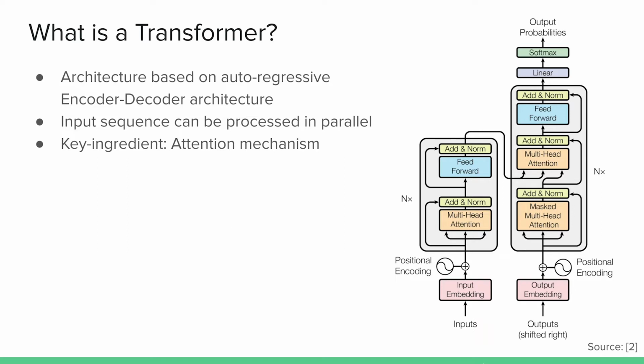On a high level, how this works is that we take our input, run it through an encoder, and produce a latent space representation in an abstract continuous space that holds all the learned information from our input. Then we use the decoder to produce our output sequence. And one key ingredient in transformers that really drives the performance is an attention mechanism.